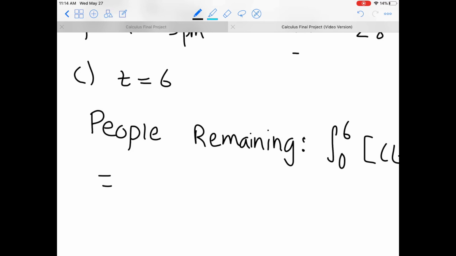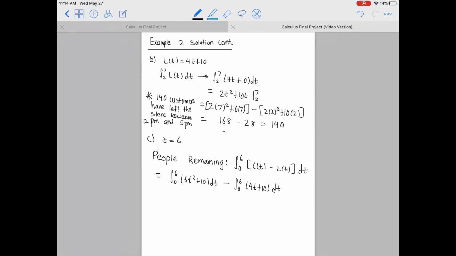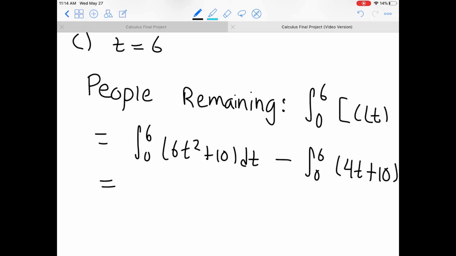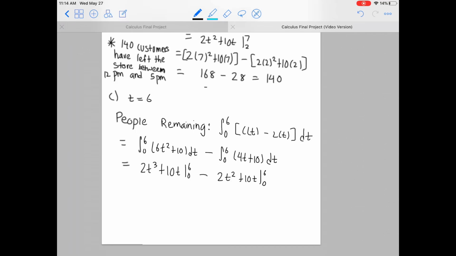Next, we can plug in each of the functions, and we get the integral from 0 to 6 of 6t squared plus 10 dt minus the integral from 0 to 6 of 4t plus 10 dt. Next, we can anti-differentiate, where we get 2t cubed plus 10t evaluated from 0 to 6 minus 2t squared plus 10t evaluated from 0 to 6.